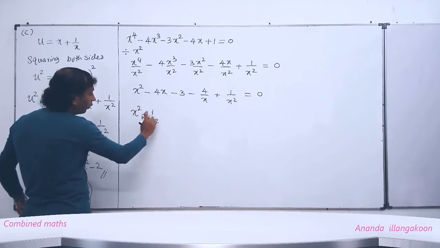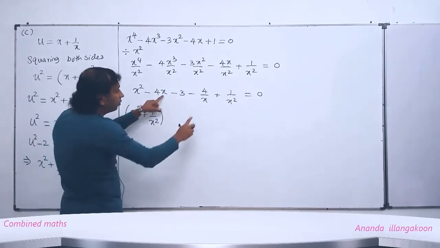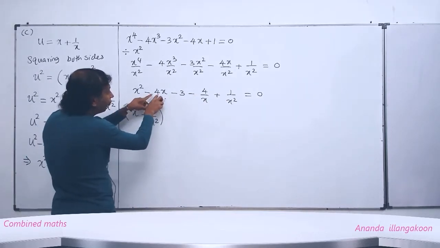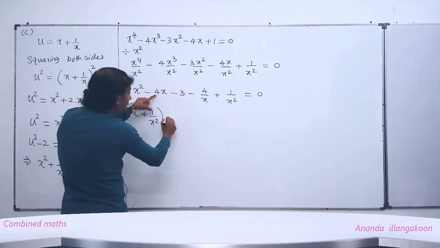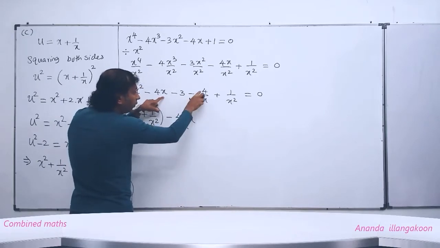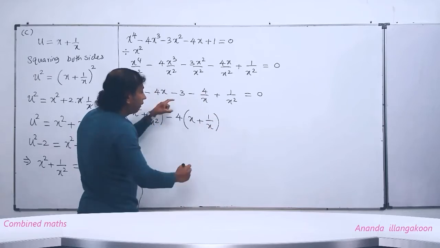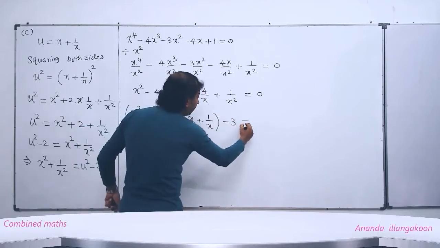From this term and this term, minus 4 is common. Take minus 4 out. Once you take minus 4 out, here we have x plus 1 upon x, and this is minus 3 equals 0.